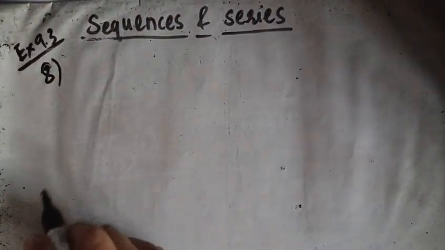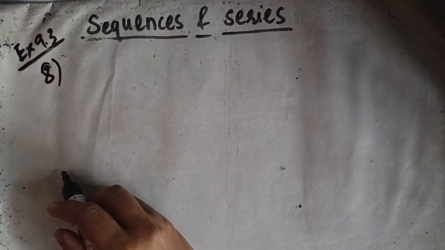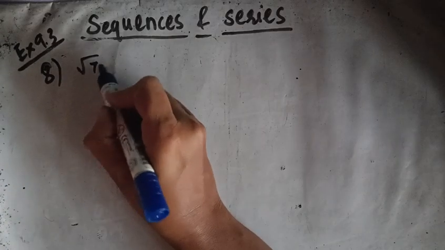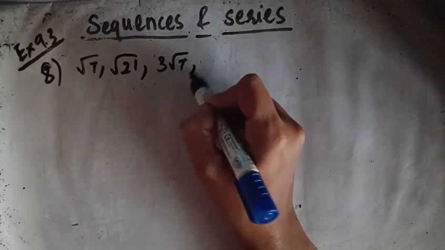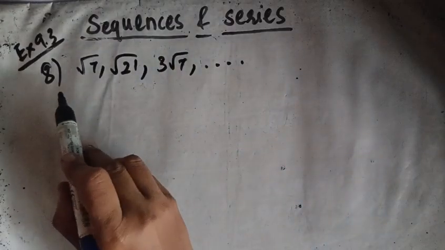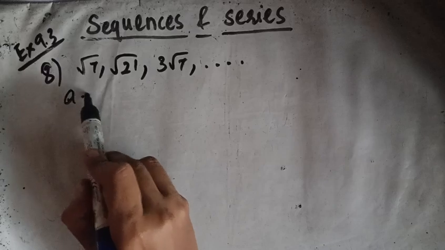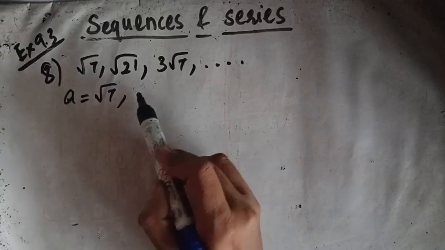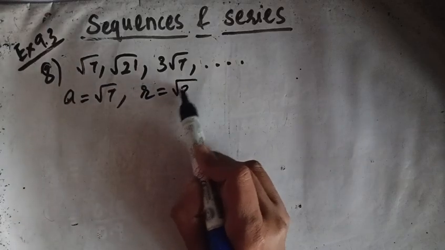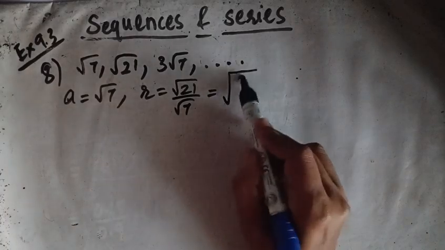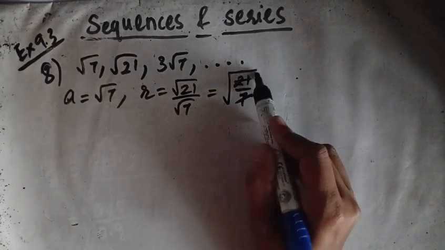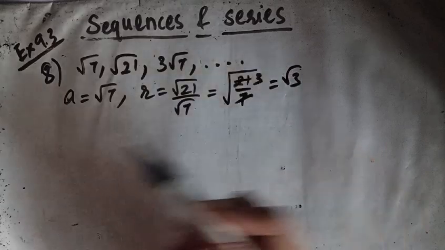Question 8. Find the sum to n terms in the geometric progression. Sum you have to find. A is root 7. R is root 21 upon root 7, so this you can write as root of 21 upon 7, so this is root 3.